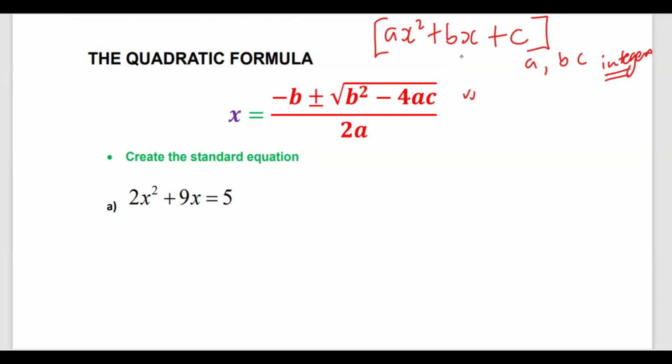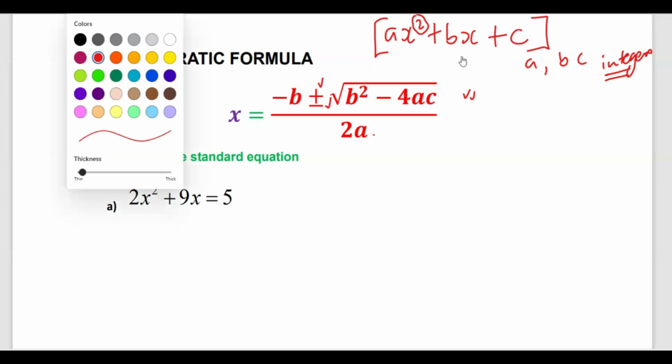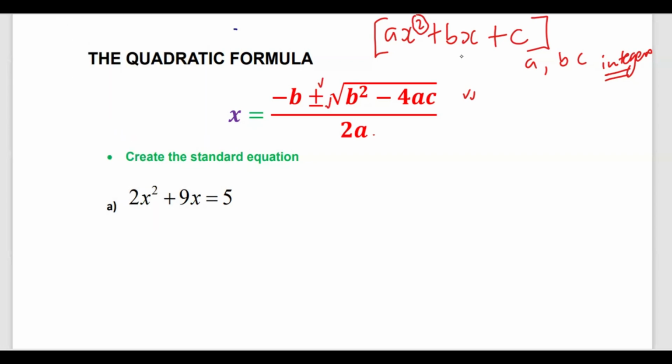And the quadratic formula tells us that if we have negative b plus minus the square root of b squared minus 4ac over 2a, we should be able to get the two answers. Remember, the degree of the expression is 2, so we expect the two answers. So this plus and the minus sign will provide an alternative for the two answers that we need.